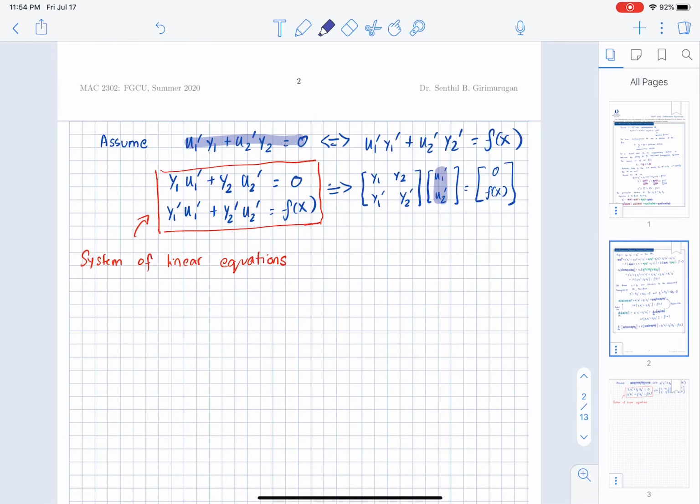Of course, we can invert the matrix and find the solution, but if you observe closely, that is the Wronskian.